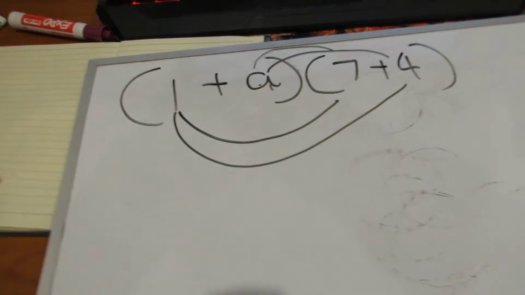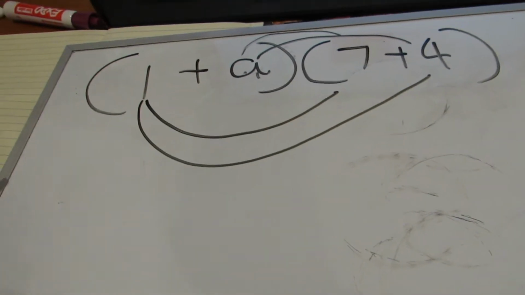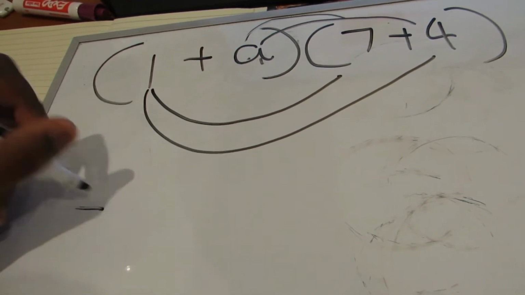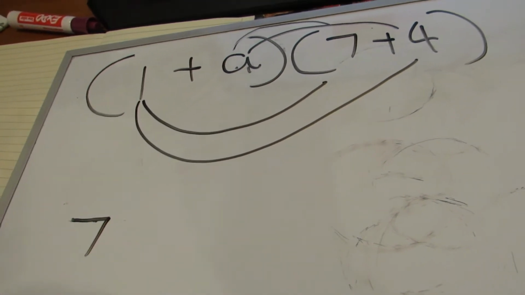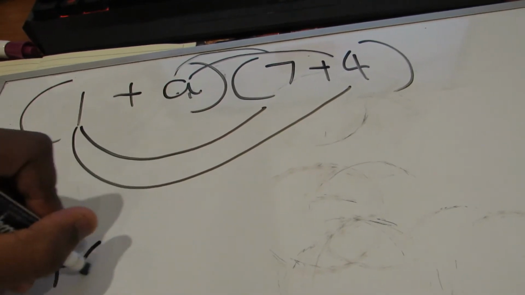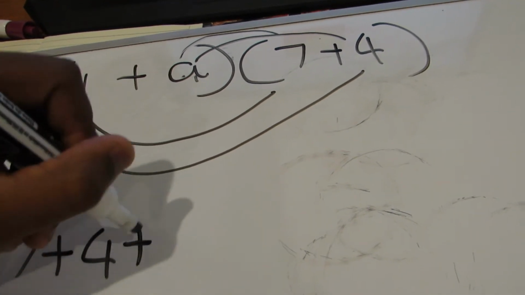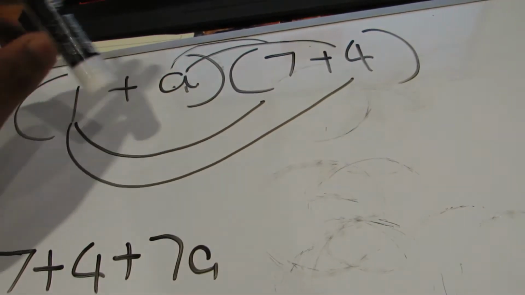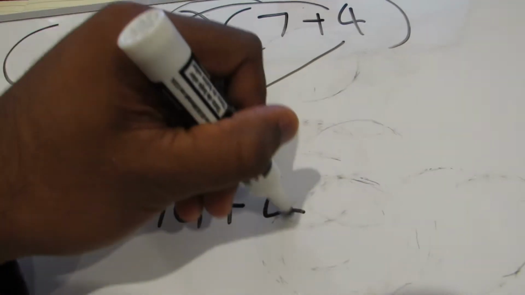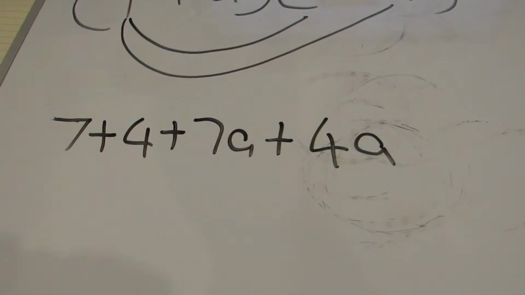Then the expression will be written as 1 times 7 is 7, plus 1 times 4 is 4. a times 7 is 7a, so plus 7a, and then a times 4 is 4a. And remember, this can be simplified.